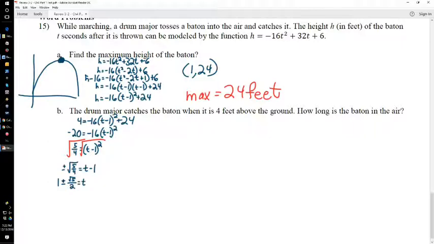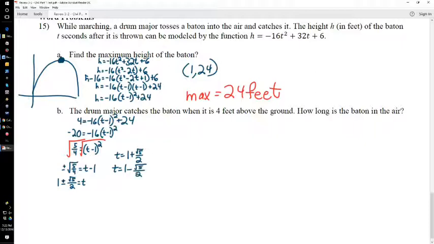Alright? So we actually have two answers here. We have t equals 1 plus the square root of 5 over 2, and we've got t equals 1 minus the square root of 5 divided by 2.